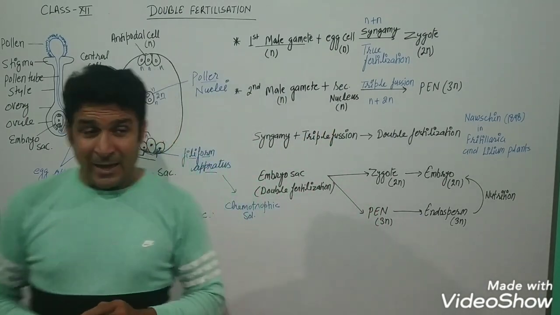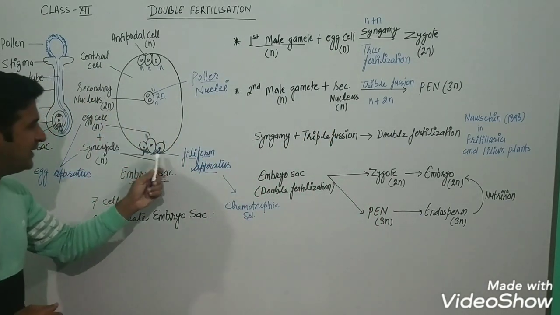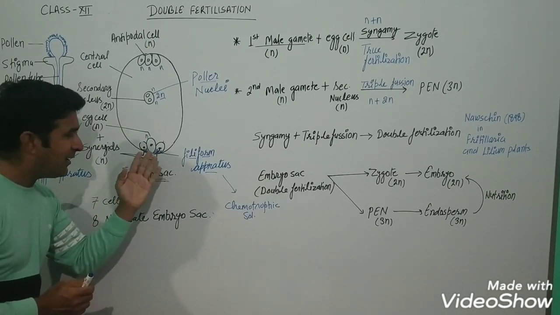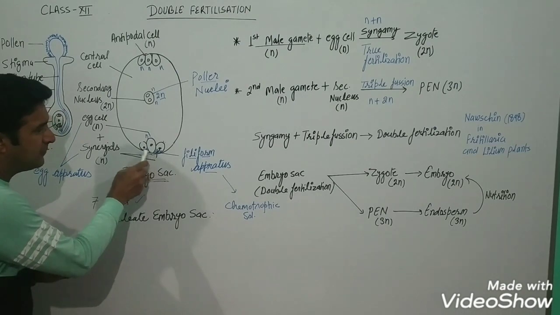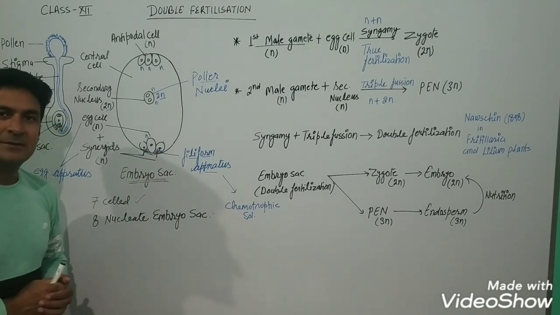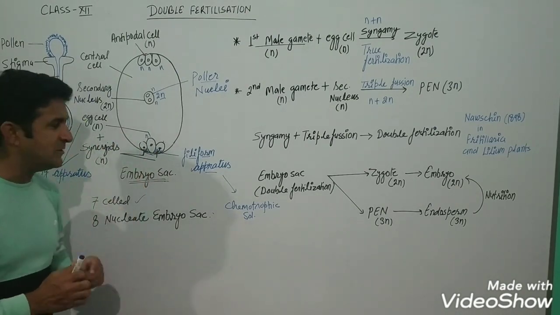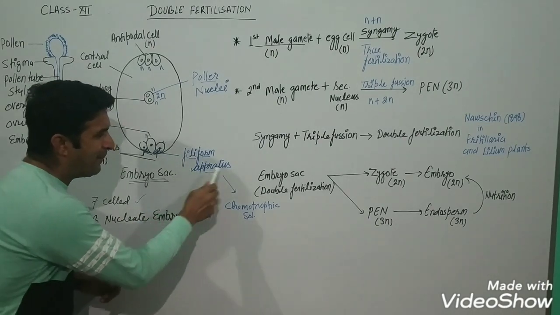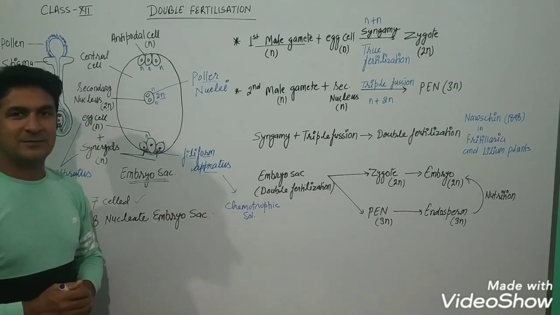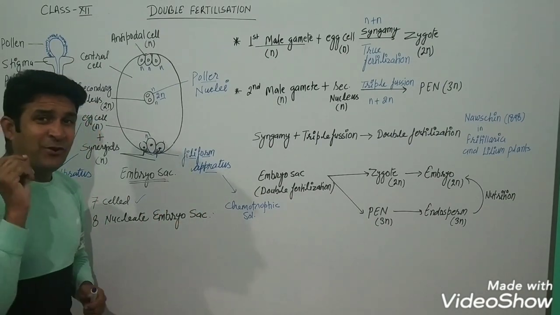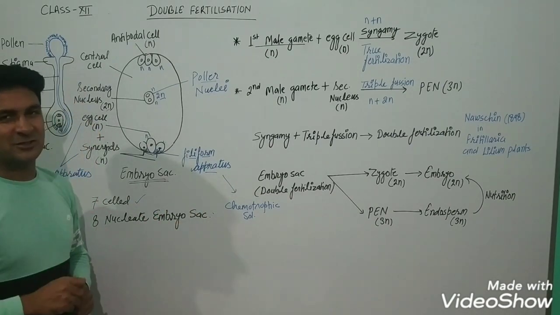In this structure you can see some finger-like projections present just down of the egg apparatus. These finger-like projections are called the filiform apparatus. What is it called? Filiform apparatus. This filiform apparatus has two main functions.